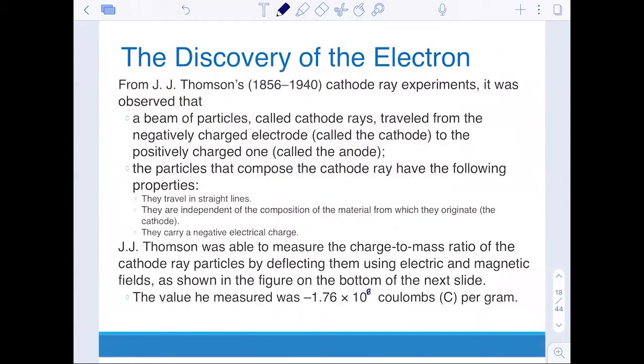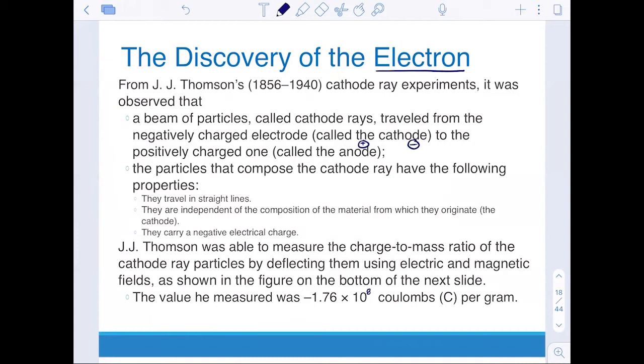J.J. Thomson was the first to observe that a beam of particles called a cathode ray traveled from a negatively charged electrode, called a cathode, to the positively charged end, called the anode. That's very important to be able to say negative versus positive, right? That flow told us that he was discovering the electron. We'll get in there in just a second when we see a picture.